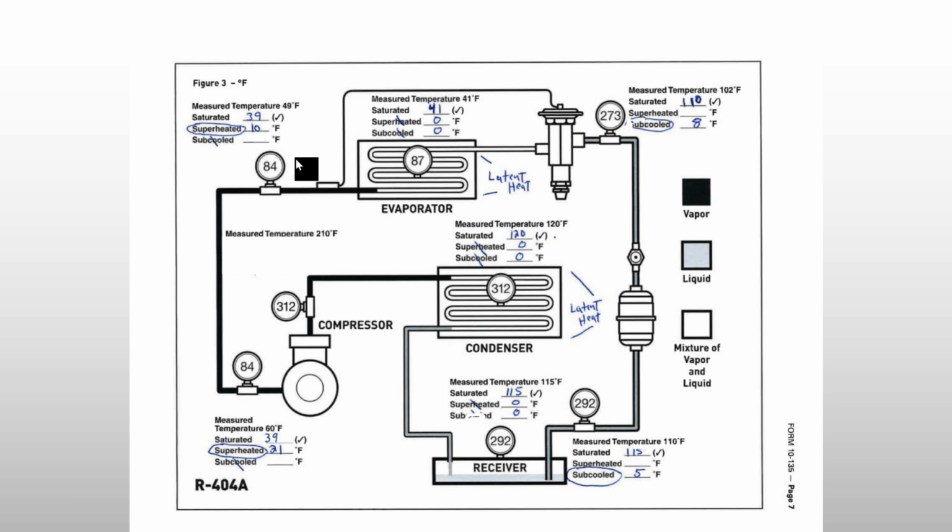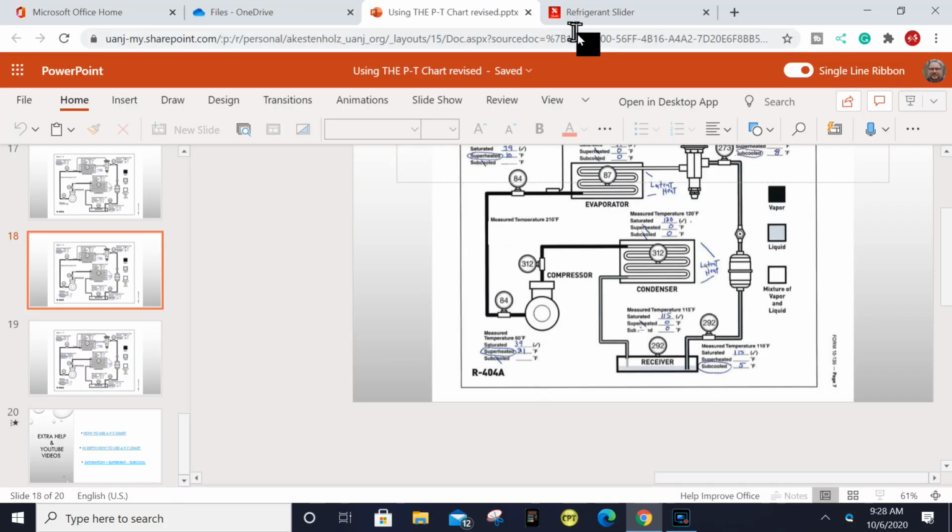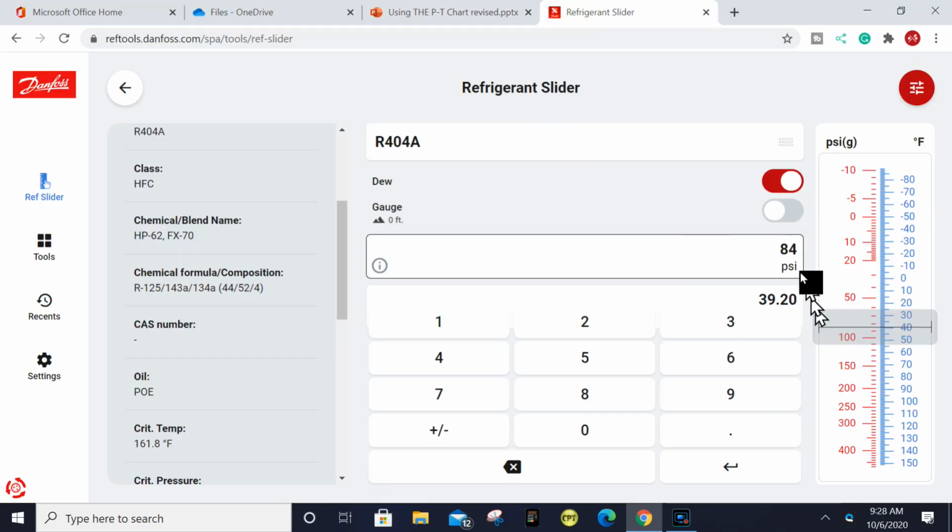So we go and we figure out what 312 psi is on the Danfoss slider app. It's 312 psi. It should be 120 degrees. All right, that's the saturation point using the dew scale. But we know it's not 120 degrees because of the heat of compression.